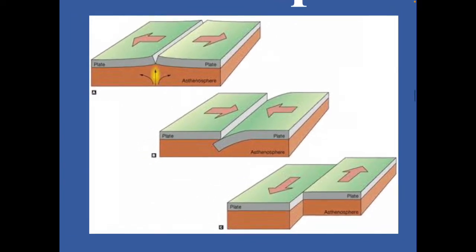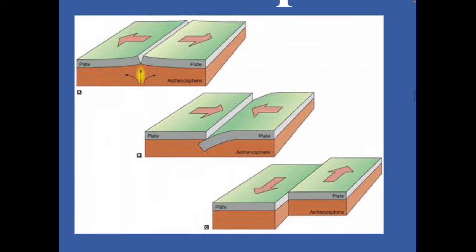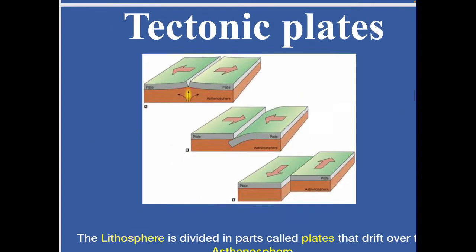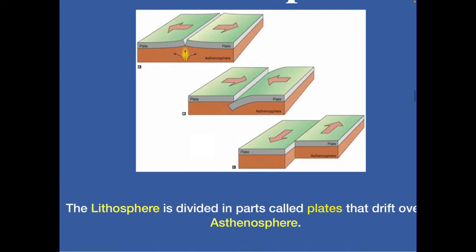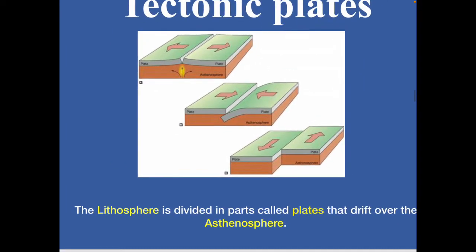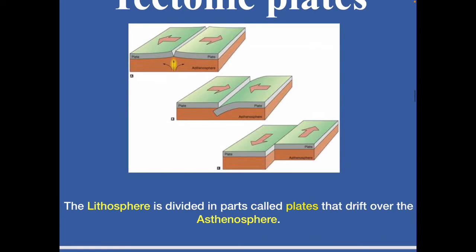We would only have this solid sphere of non-moving rock, right? But we don't, because it is divided into pieces, and those pieces are floating above or over the asthenosphere. So the lithosphere, as it says down here, is divided in parts called plates. And those plates are drifting or moving around the asthenosphere that is still liquid.